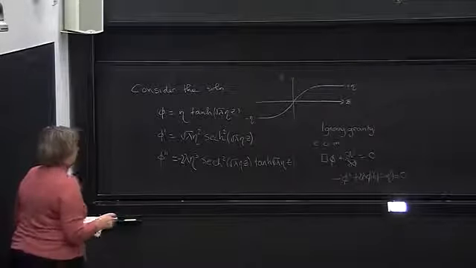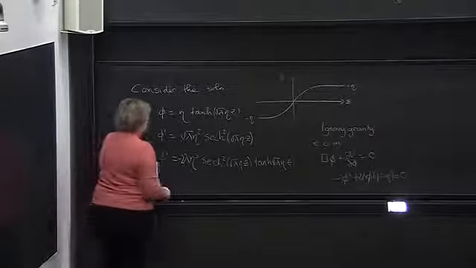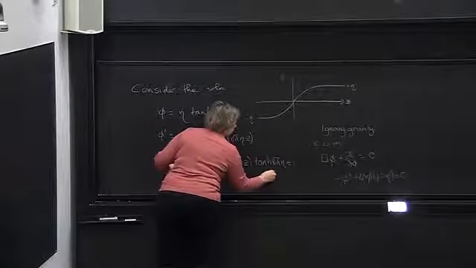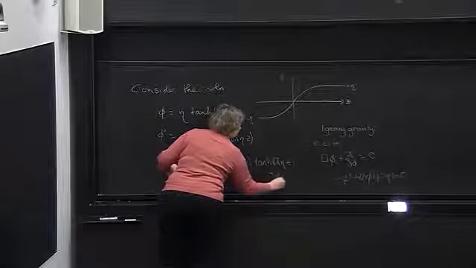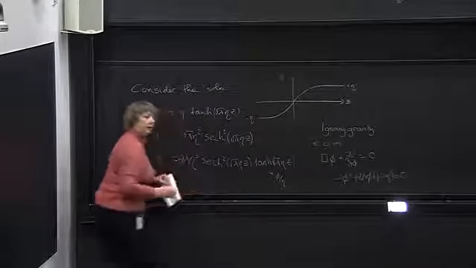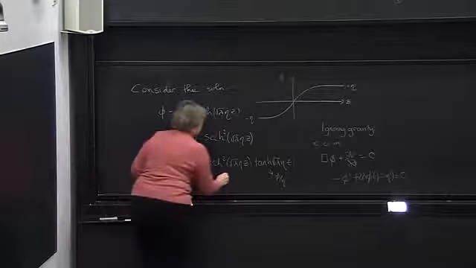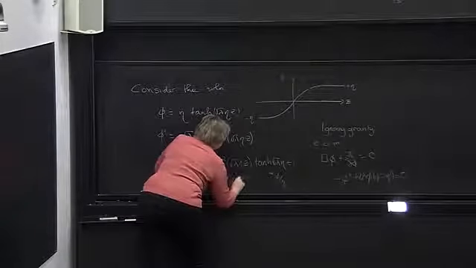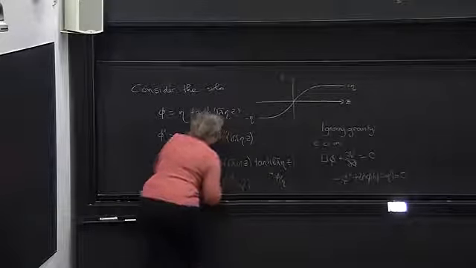So if I look at what phi double primed is, this tanh is just phi over eta, and then sech squared is 1 minus tanh squared, so this is 1 minus phi squared on eta squared.